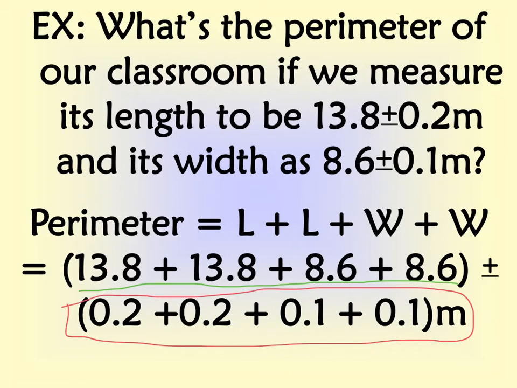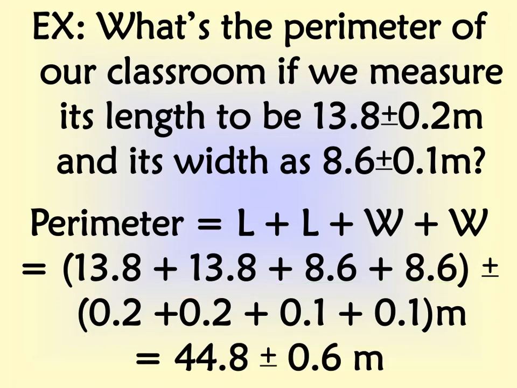So those are done as two separate things. You add the measurements, and then you add the uncertainties, and you separate those two by this plus or minus symbol. So our result ends up being 44.8 meters plus or minus 0.6 meters. Notice we put the meters out here at the end. So it's 44.8 plus or minus 0.6 meters.